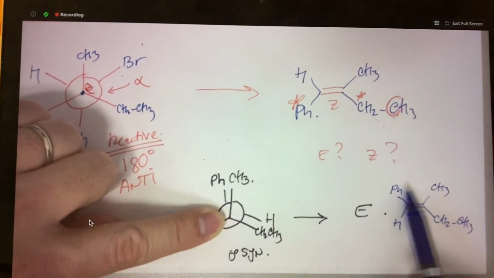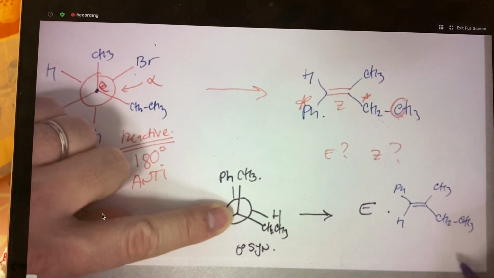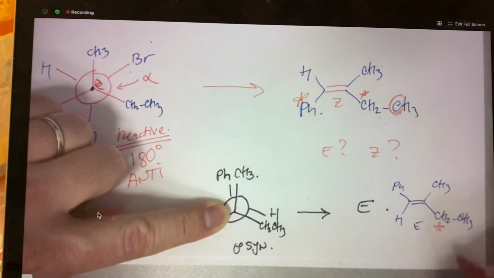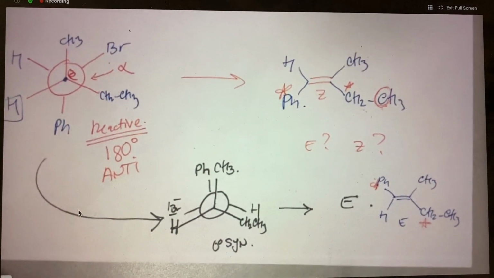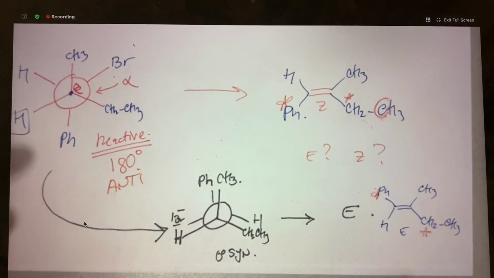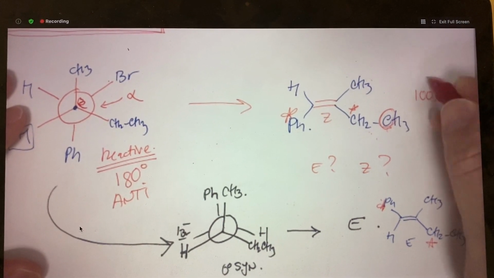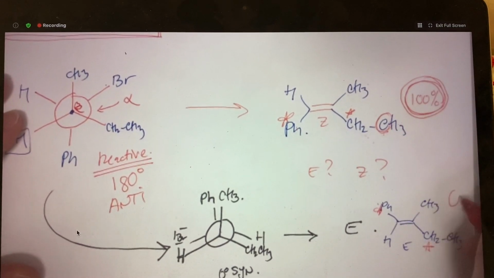The phenyl and methyl group would be on the same side. The hydrogen and ethyl would be on the same side. And here we would have the E stereochemistry. Again, this group is favored, this group is favored. They're on opposite sides of the E stereochemistry. This is the major product, formed actually in 100% yield. This is formed in 0% yield.